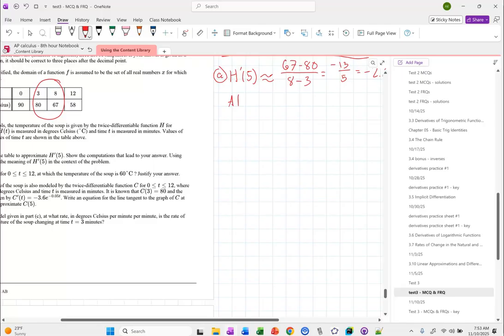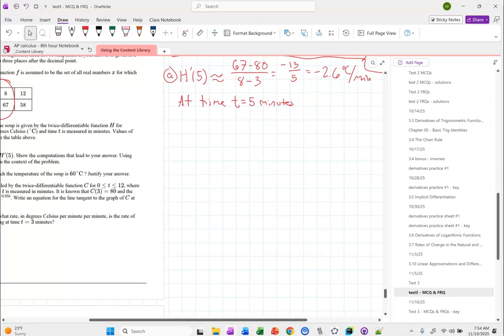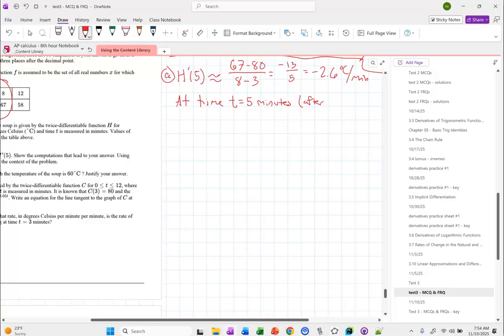So we would start at time t equals 5 minutes, or you could say after 5 minutes. That would be okay too. What would we say then?